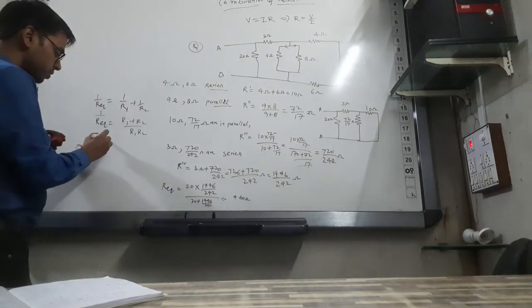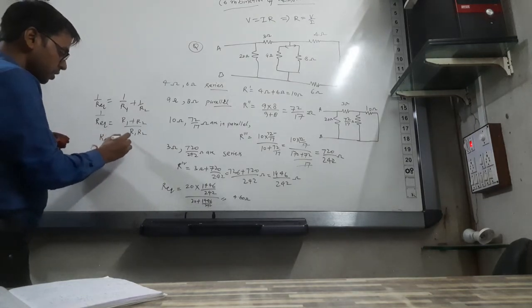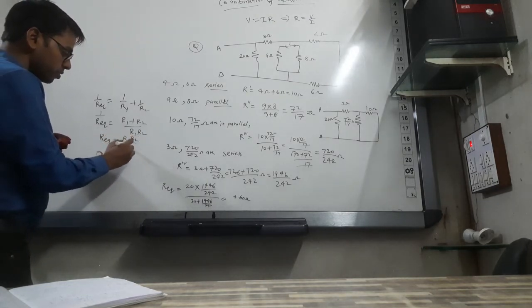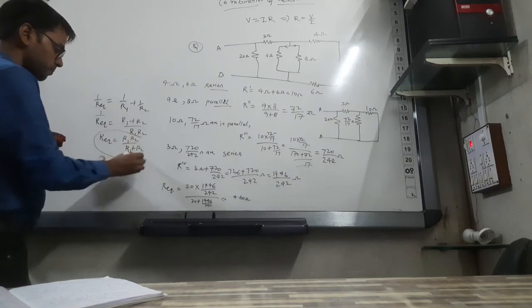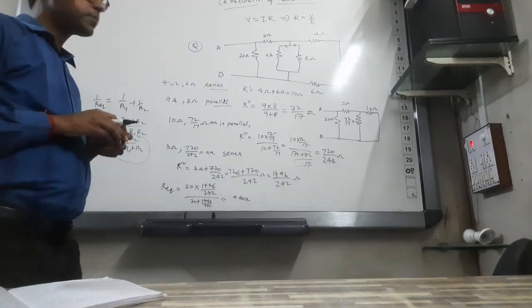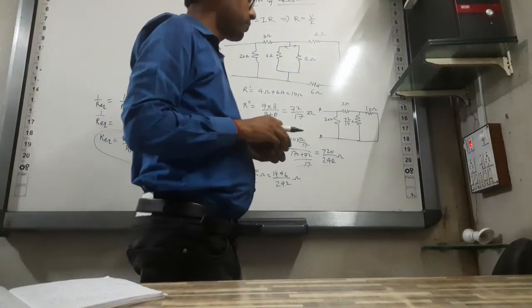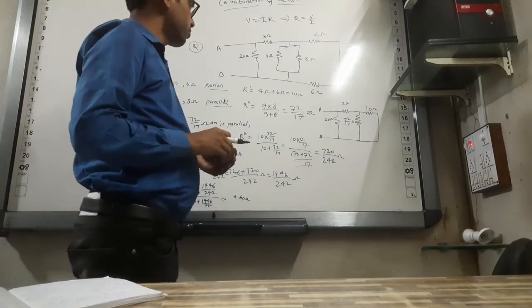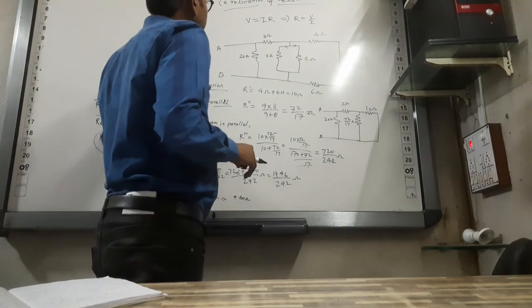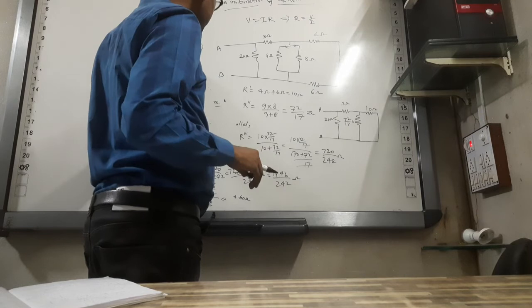For R equivalent, it is R1 into R2 upon R1 plus R2. So we finally got the value, 4.60 ohm, equivalent resistance between A and B.